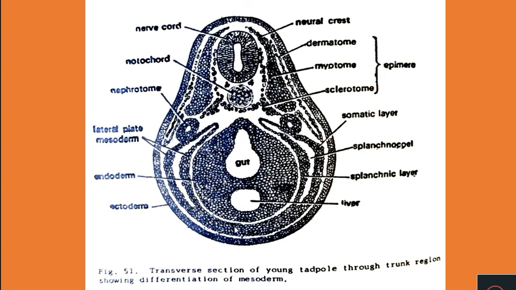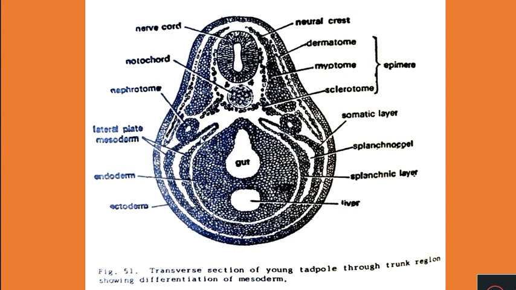In the mid-ventral line, the lateral mesodermal plates will fuse together. You can see the lateral mesodermal plates fusing in the mid-ventral line, and these lateral cavities also fuse. So, here there is a fusion, and the lateral cavities also undergo fusion to form a single continuous coelom.